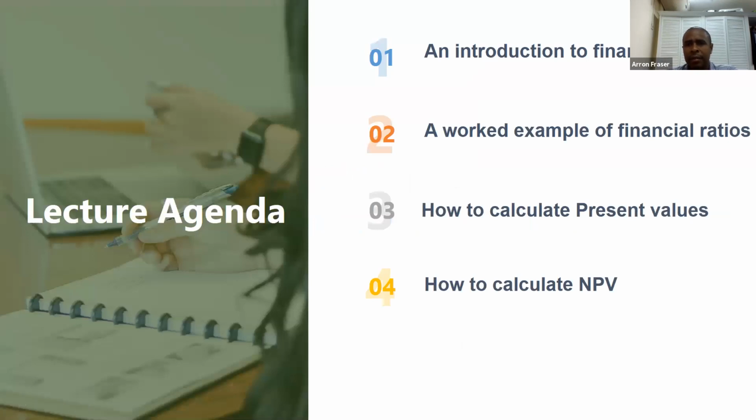On the agenda tonight, we have an introduction to financial ratios. And the ratios that we'll cover tonight is not an exhaustive list, but it's a list of the primary financial ratios. Principally, if you look into texts, you'll find many derivatives of the ratios that we will cover tonight.